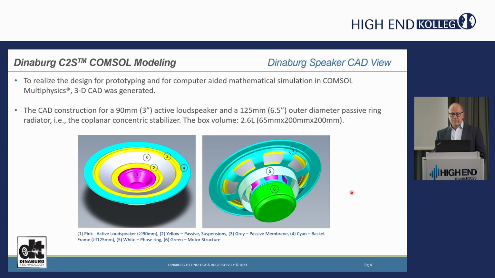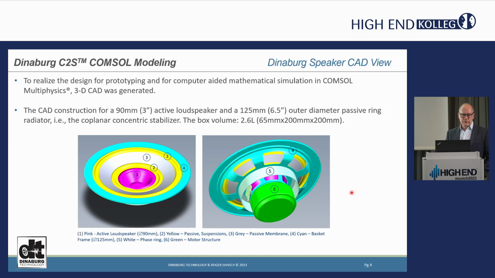What I'm about to describe is how we created the model and how we got the results. The comparison that they wanted to make was to something similar in design, but not with the concentric coplanar passive ring radiator, but with a traditional passive radiator.